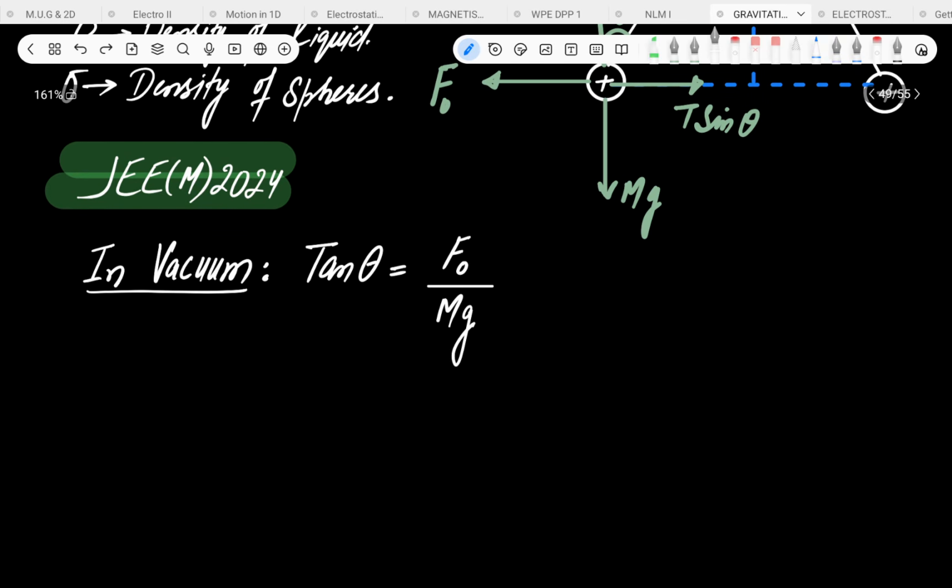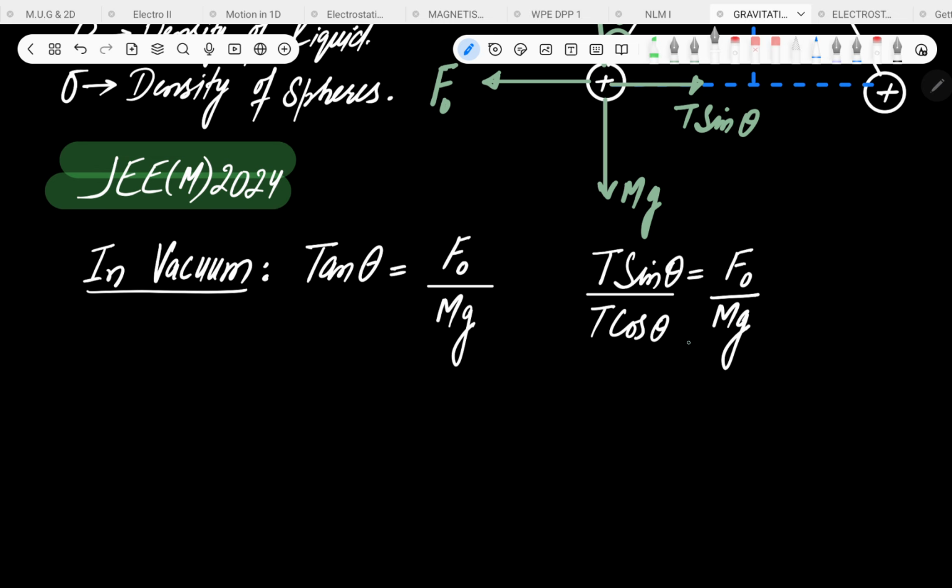So we have T sin theta equals F naught, the electrostatic force, and T cos theta equals mg. Dividing the two equations, T and T cancel, sin theta divided by cos theta is tan theta, and we get tan theta equal to F naught divided by mg.